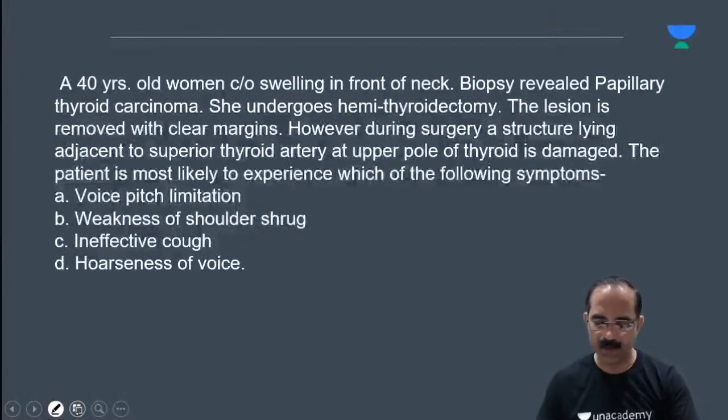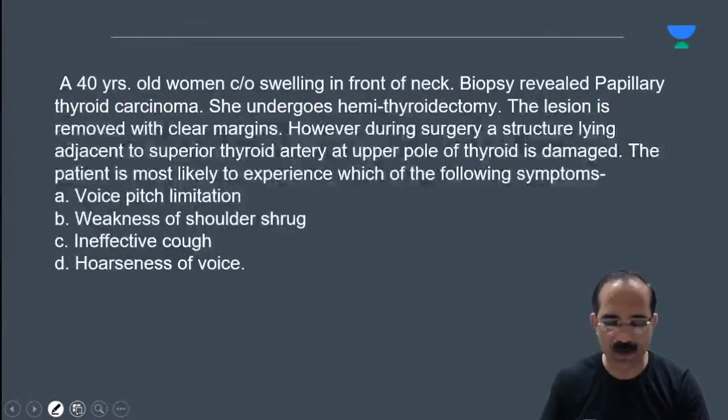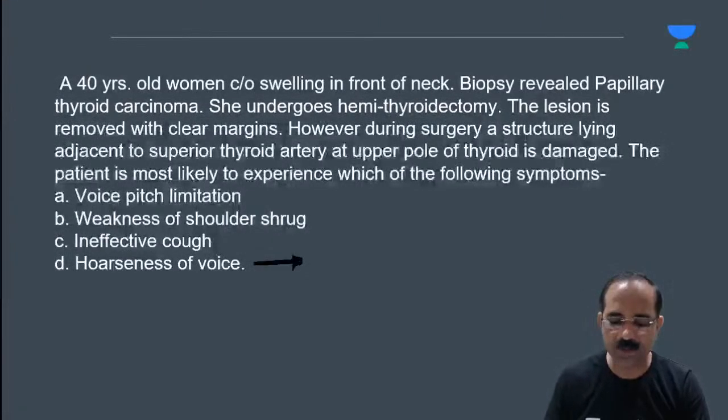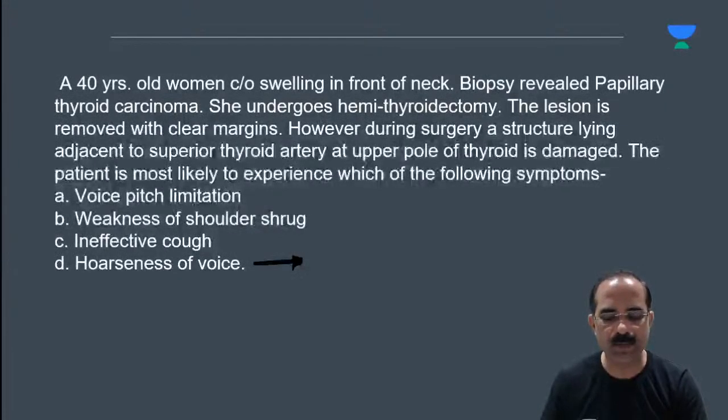Okay. D. Hoarseness of voice. और कोई है? Okay. Very good. So all of you are answering it as D. बच्चों, anyone? Any other answer? Ineffective cough has been written by one student. Okay.